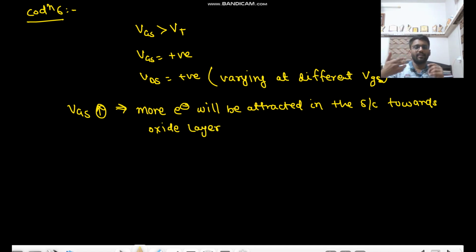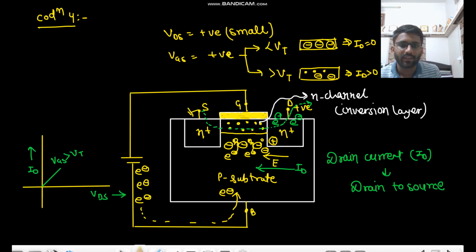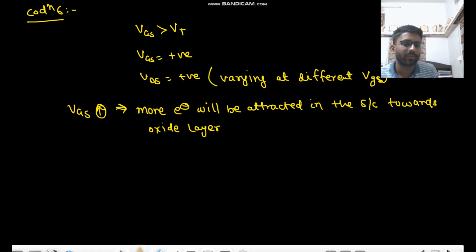Right? When VGS is increasing, more electrons will be attracted towards the oxide layer. If this positive voltage is more, more electrons will come. If more electrons come, more current will be there. That means the current will also increase.